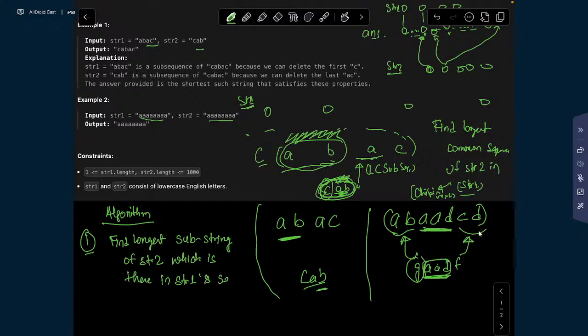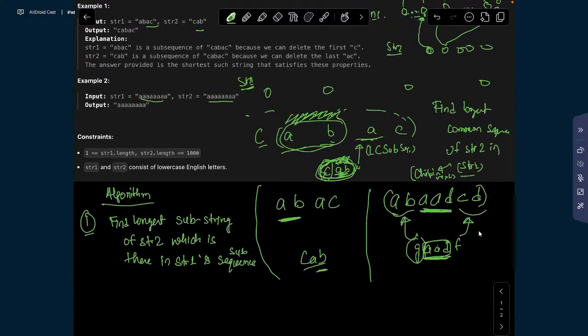In str1's sequence, rather subsequence. Yeah, the longest substring of str2 which is there in str1's subsequence, right? The second step is to chip in, I don't know if it's a good term to use, but I hope you got this.